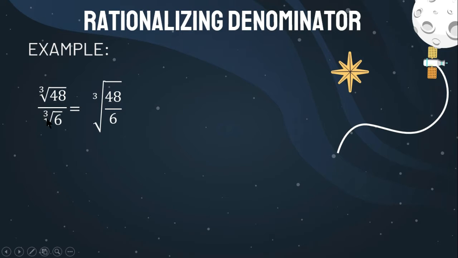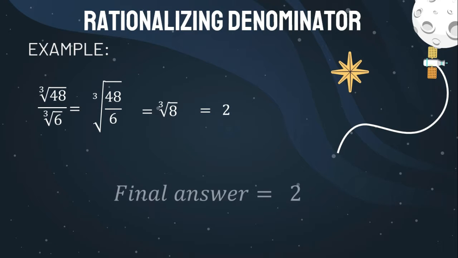Since they have the same index, we're going to combine them. Since 48 and 6 are divisible, cube root of 48 over 6, we're going to divide that. 48 divided by 6 will be 8. And we all know that the cube root of 8 is 2 because 2 times 2 times 2. So the answer is 2.